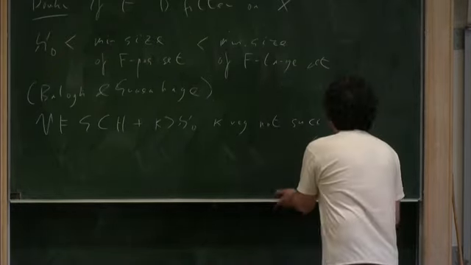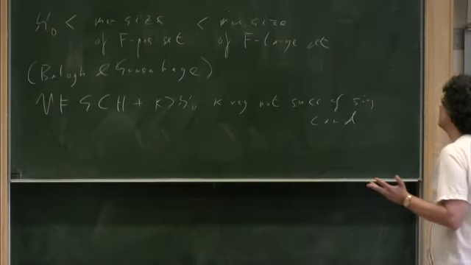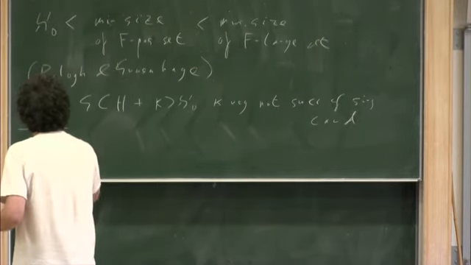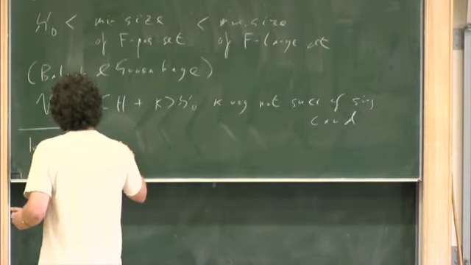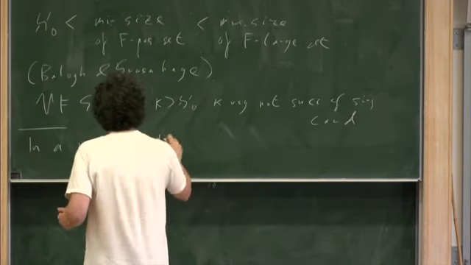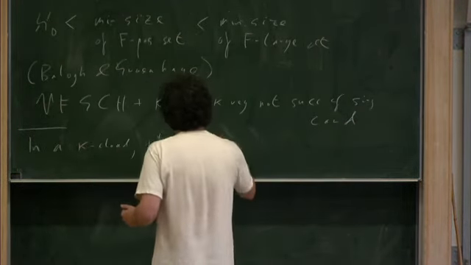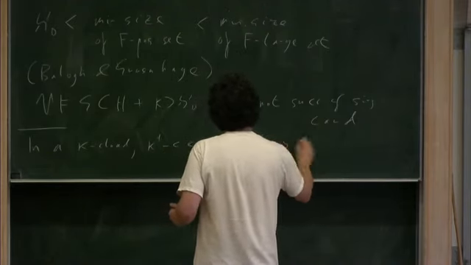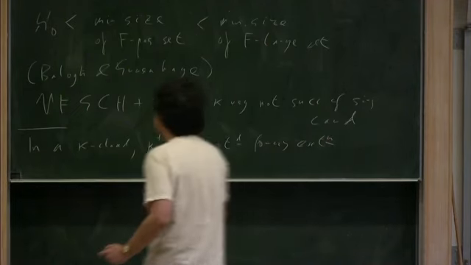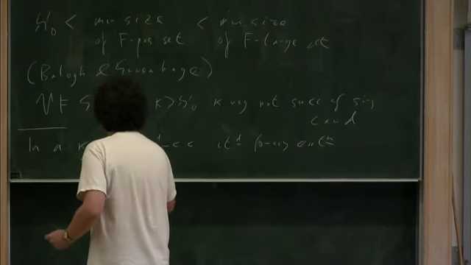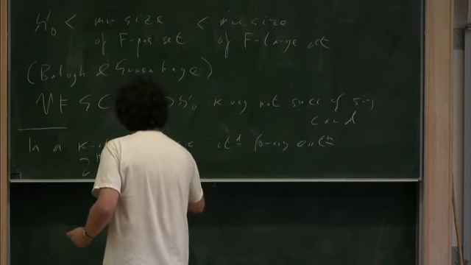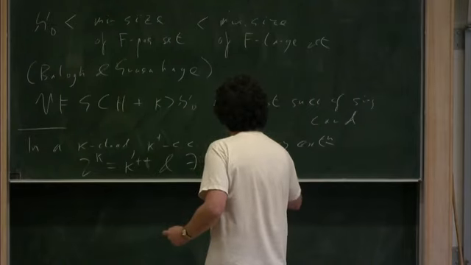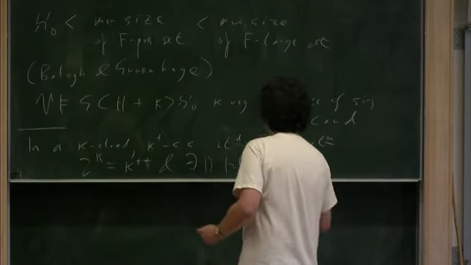So kappa is either the successor of a regular or inaccessible. Then in a kappa closed, kappa plus CC iterated forcing extension, what you get is that 2 to the kappa is kappa double plus, and there is a Dowker filter on kappa plus.